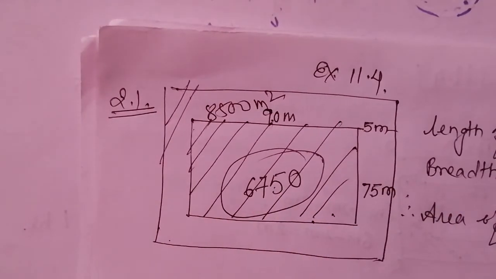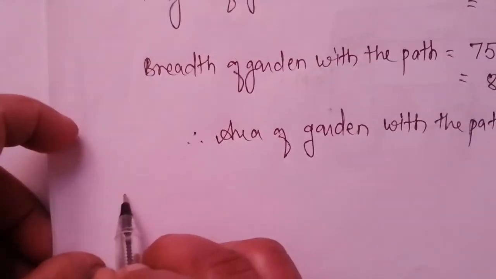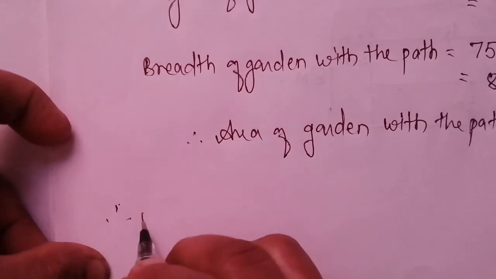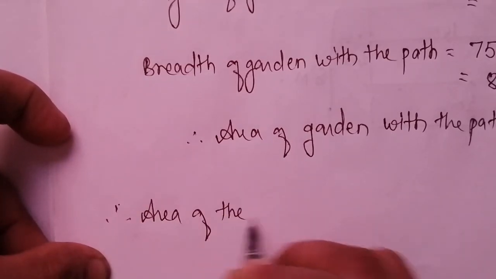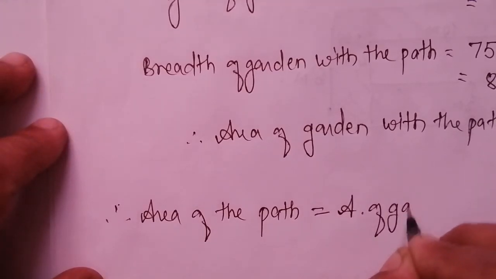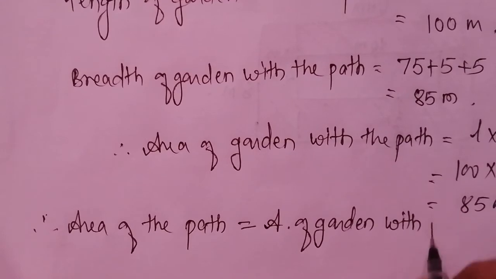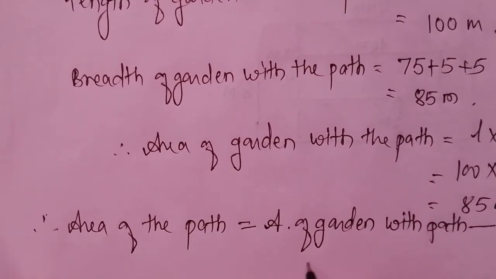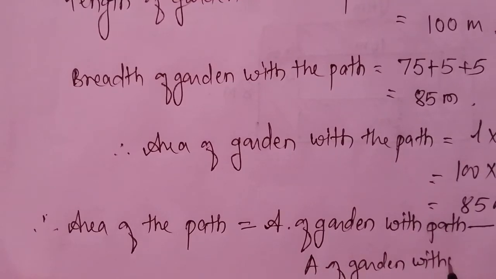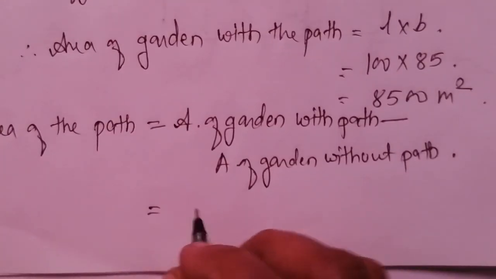Now the whole area with the path is given, and the garden is given. Now you have to find the area of the pathway. Therefore, the area of the path is equal to the area of the garden with path minus the area of the garden without path, that is, the original area of the garden.